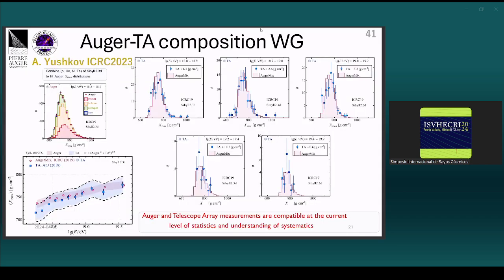On the other hand, there's a joint Auger-TA working group that they're trying to understand what's going on also.